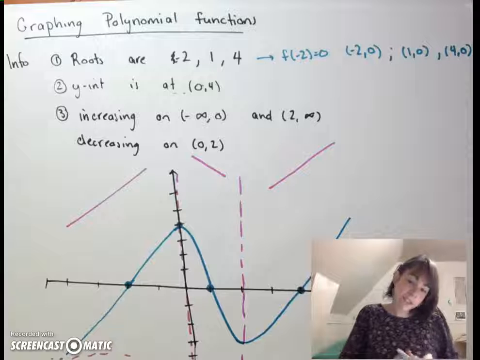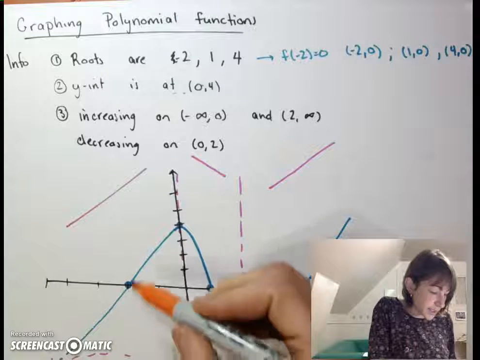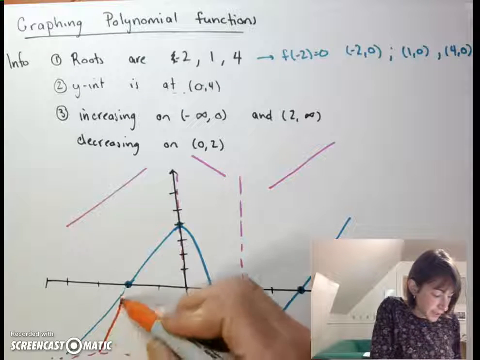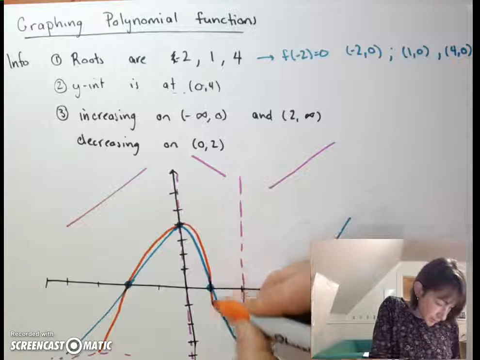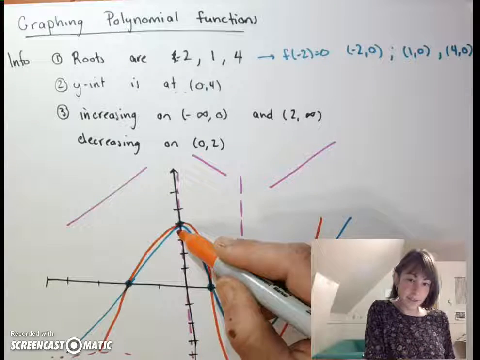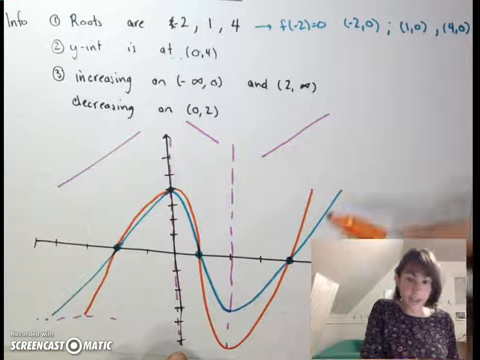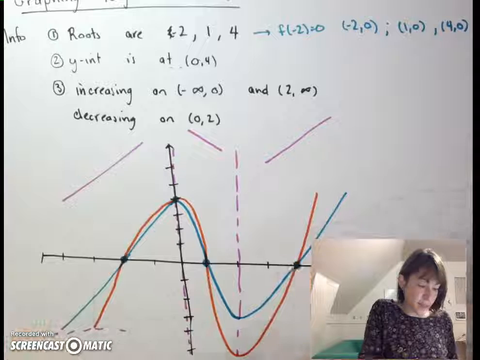Now, this graph isn't necessarily perfect because there are many ways I could have connected these dots and still satisfied the increasing and decreasing properties. This orange line, for example, is increasing until 0, then decreasing until 2, and then increasing afterwards. So sometimes it helps to find another point.